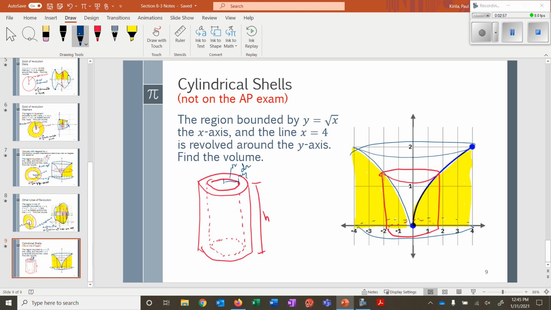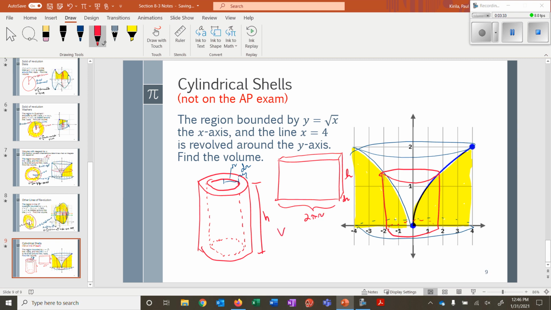So if I unwrap this, so I'm going to slice it down, slice it open, and unwrap it, much like we do a label on a can. And when I do that, I get a rectangular prism. Its depth is dr, its height is still h, but then its width is going to be the circumference of the circle that's inside, or about that, of 2 pi r.